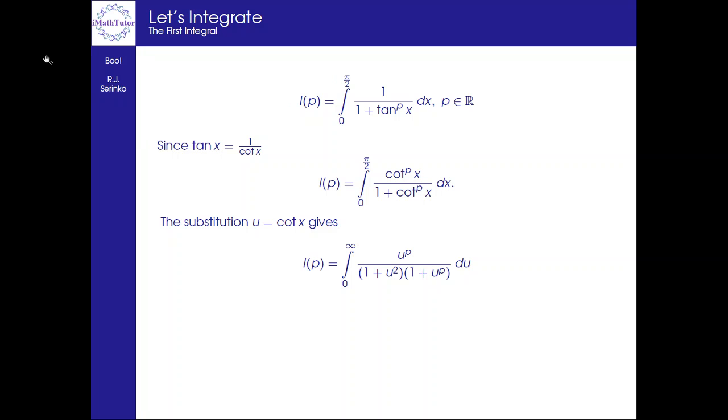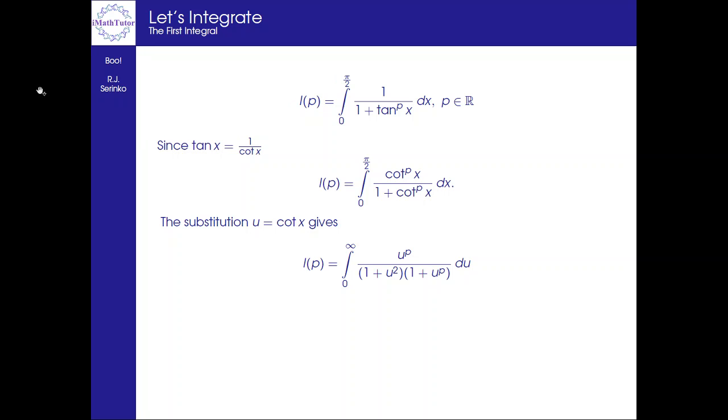This time we'll do the u substitution u equals cotan x. We're going to skip the details, so we recommend at this point that, if you'd like, you pause the slide and verify that this is what happens. This is what you get after you make this u substitution.